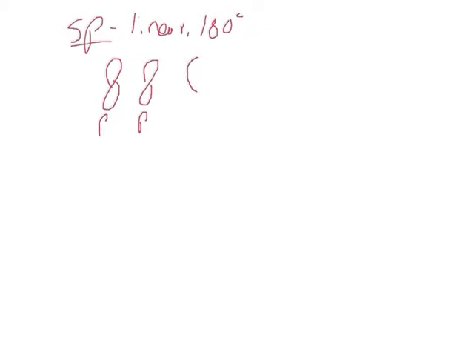Sp hybridized is linear geometry, 180 degrees bond angle. It has 2 p orbitals and now 2 sp orbitals, which are 50% s, 50% p. So a more rounded shape. They'll look like this.